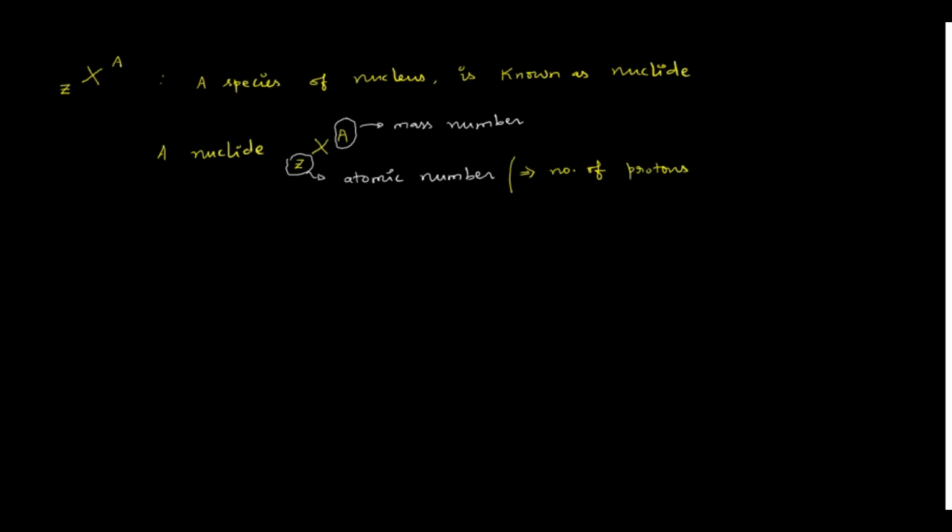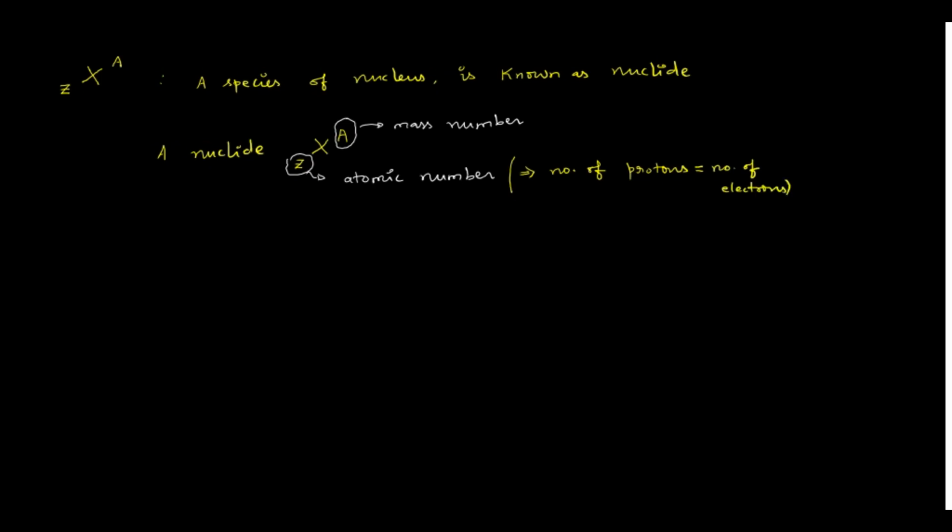We know that the atom is electrically neutral, which means the number of protons, which are positive charge, must be equal to the number of electrons. Those countings are done through a number called the atomic number, which is equal to the number of electrons.